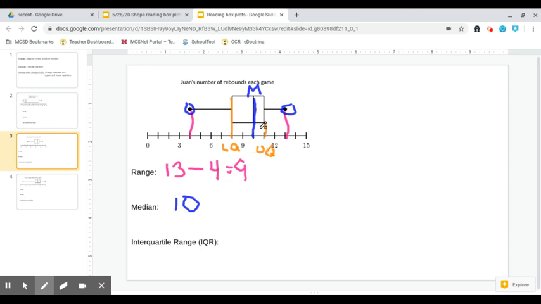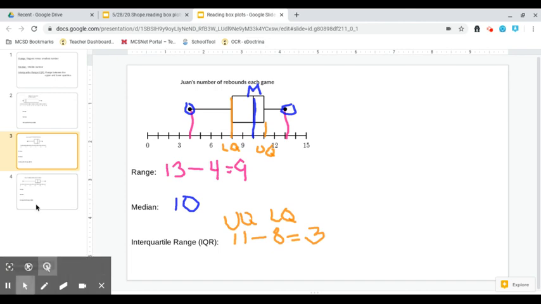So we have 11 for my upper, minus my lower is 8. My interquartile range is 3. So again, this is upper quartile. This is lower quartile. They're the edges of the box.